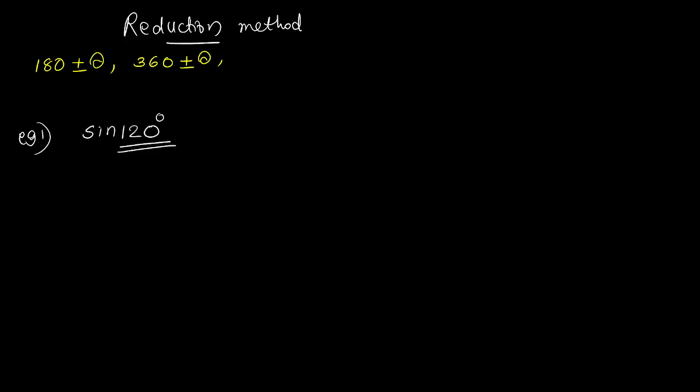If the angle is much larger, for example sine 1000 or sine 10,000, you will express it as a multiple of 360 plus or minus theta. Multiple of 360 means 360 into 2 plus theta, or 360 into 3 plus theta, like that. I will explain, don't worry, let me complete 2 examples. After that you can ask me doubts. That is the right way.